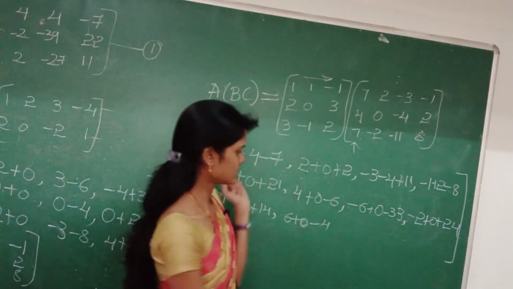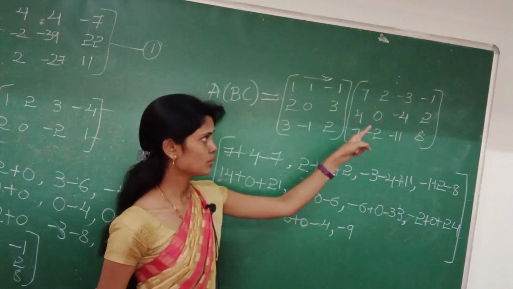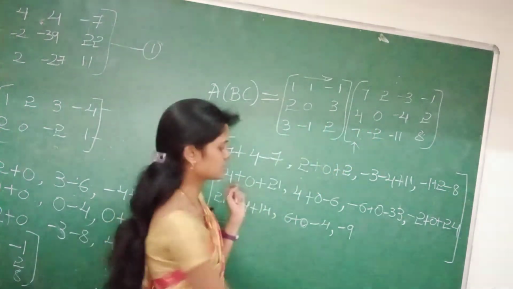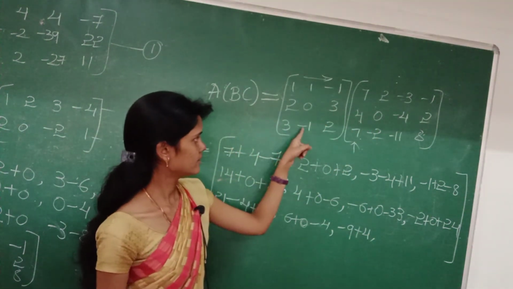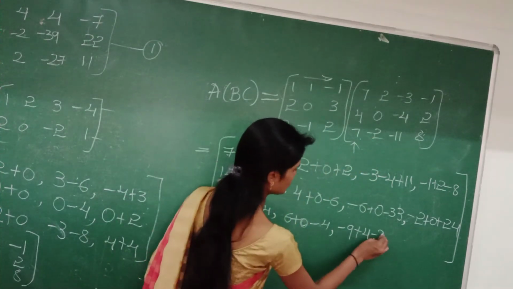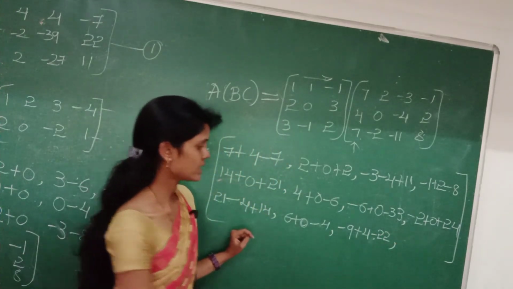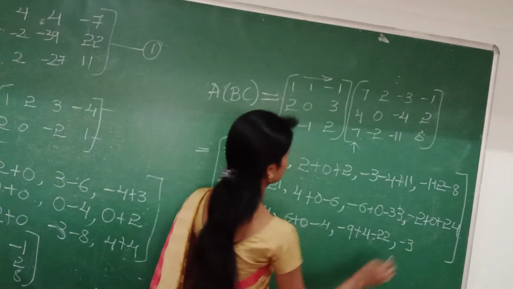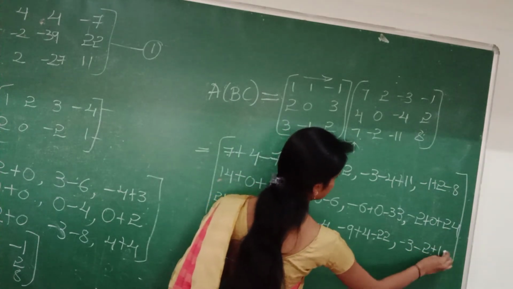Then 3 into minus 3 it is minus 9. Minus 1 into minus 4 it is plus 4. Then 2 into minus 11 that is minus 22. Then 3 into minus 1, minus 3, minus 2, plus 16.